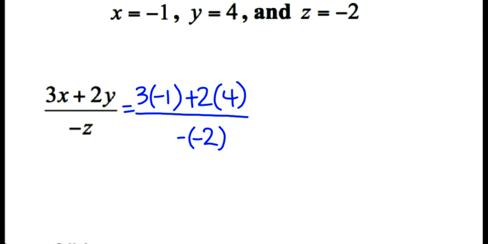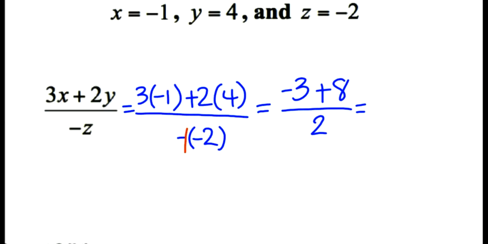So on the top, I'm going to simplify using the order of operations. So -1 times 3 is -3. 2 times 4 is 8. On the bottom, I have an imaginary 1 being multiplied by the -2. So I have a +2. A -1 times a -2 is a +2.